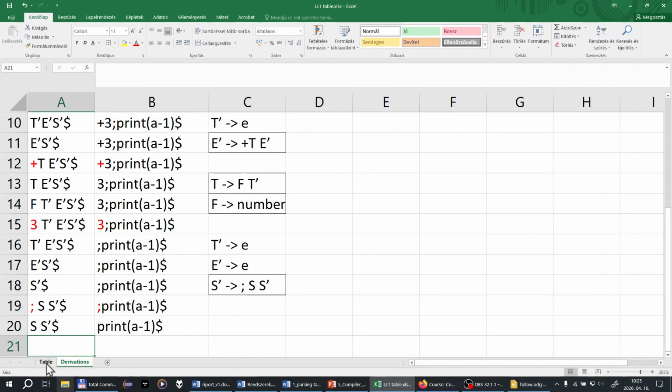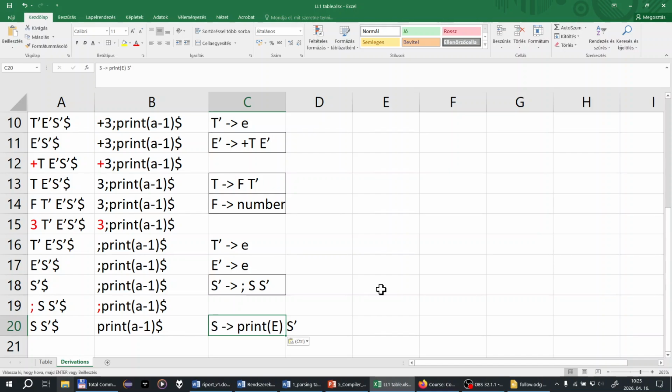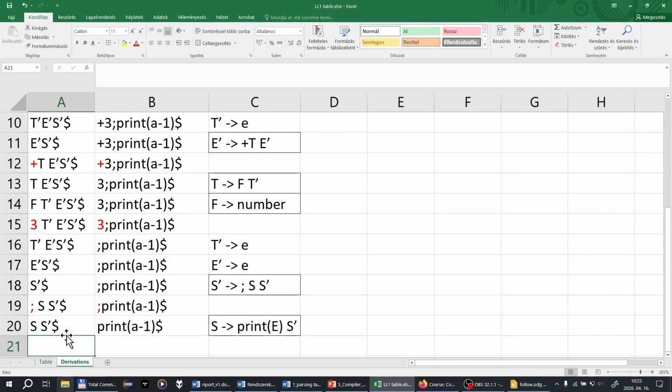Okay. For the S and print, we have print ES prime. So we have this at the beginning.